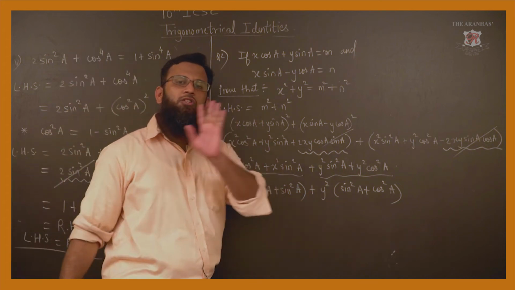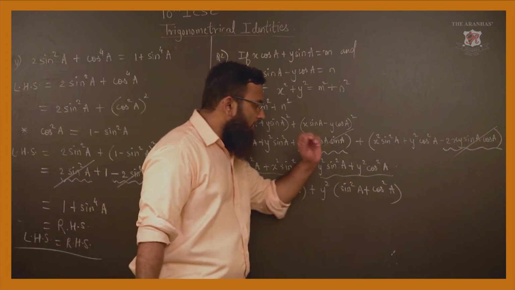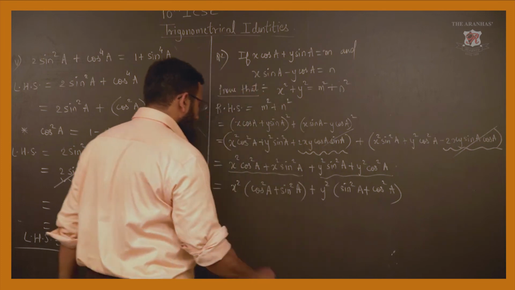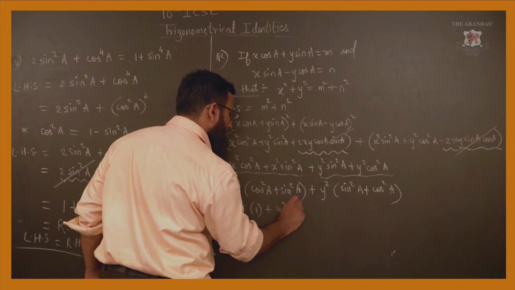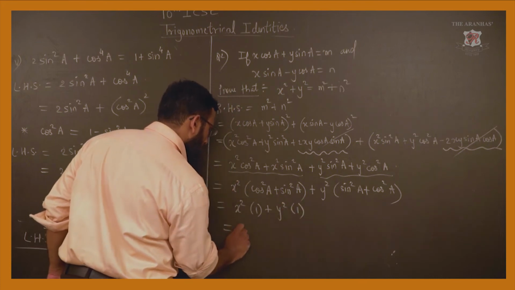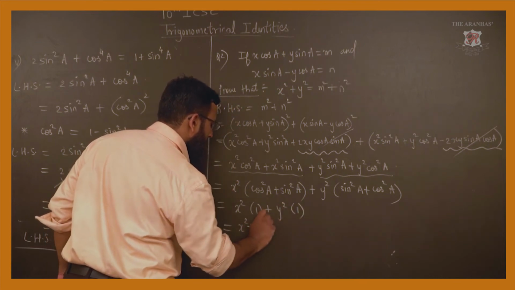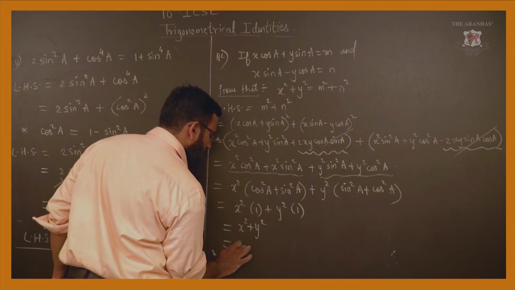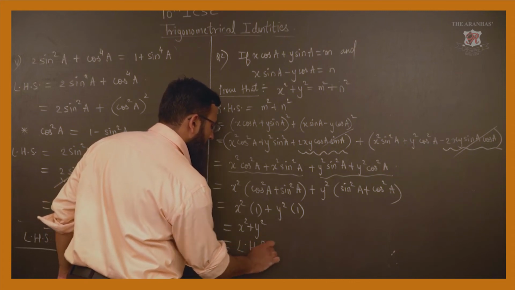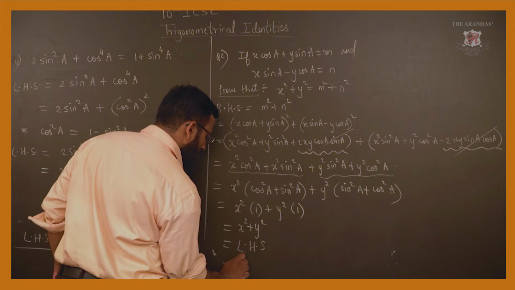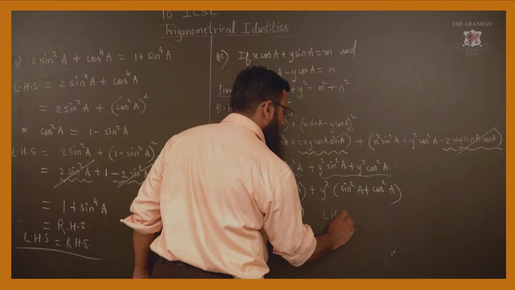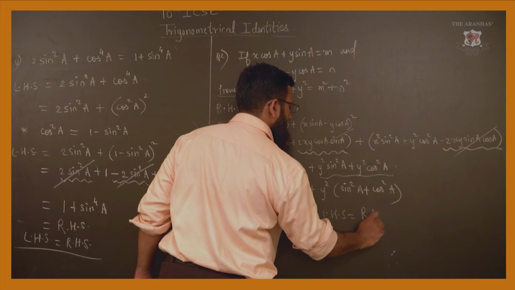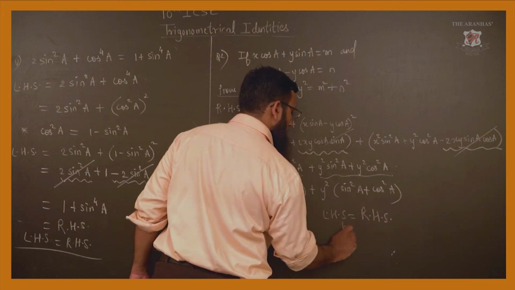Sin square a plus cos square a is 1, cos square a plus sin square a is also 1. So this will become x square into 1 plus y square into 1, which is x square plus y square, and this is our LHS, and which becomes LHS is equal to RHS, hence proved.